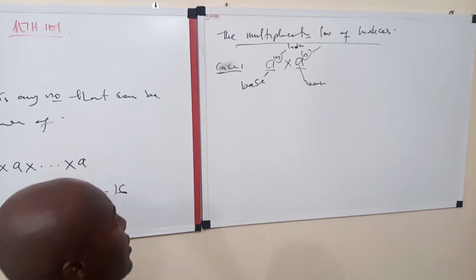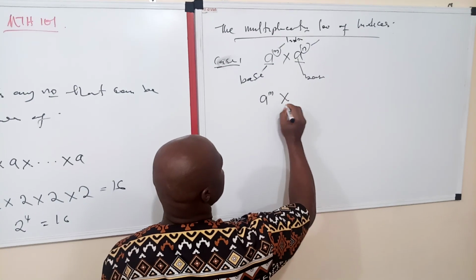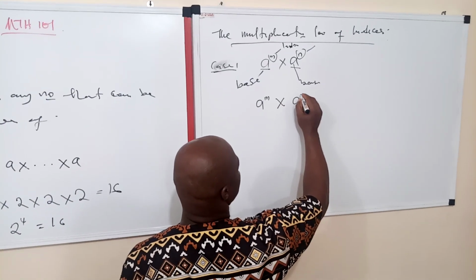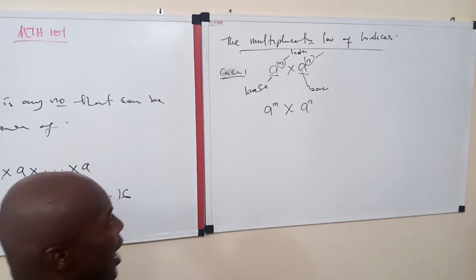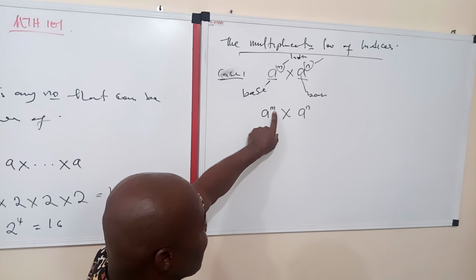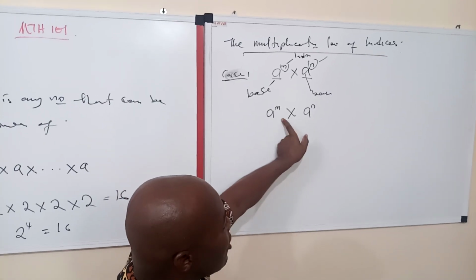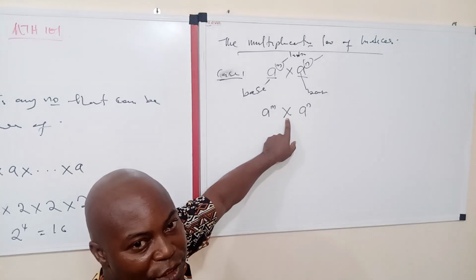Now, if we have an expression of this form, where it multiplies another expression of this kind, this one here is the base, while this is the power. If you look at these as two expressions, the operator in between them is multiplication.